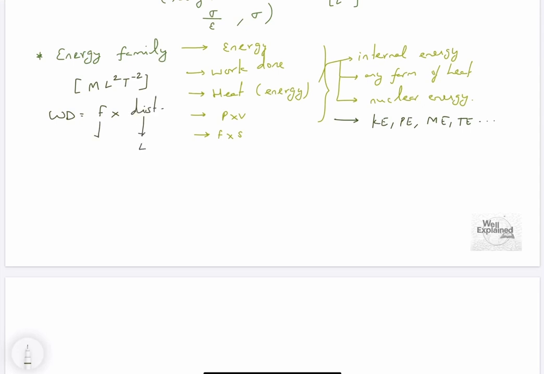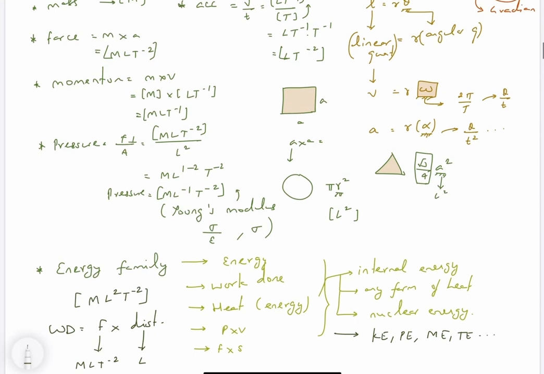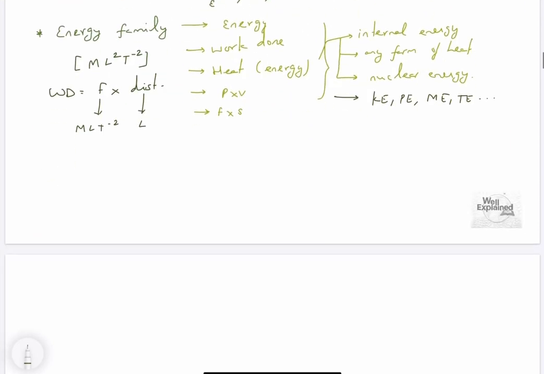What is force? That's what we saw above. It's nothing but M L t power minus 2. Very important. As you slowly derive, you will get to know M L t power minus 2, right? So just multiplying these two, M into L into L. Since both are there in the numerator, no need to worry. 1 plus 1 is 2. M L square t power minus 2. Very, very important.